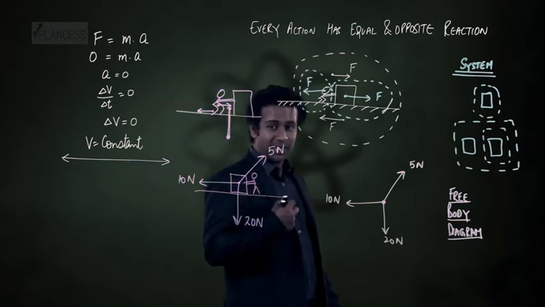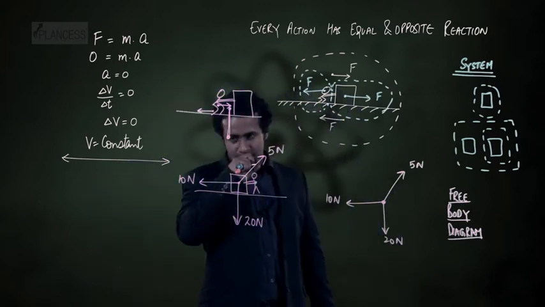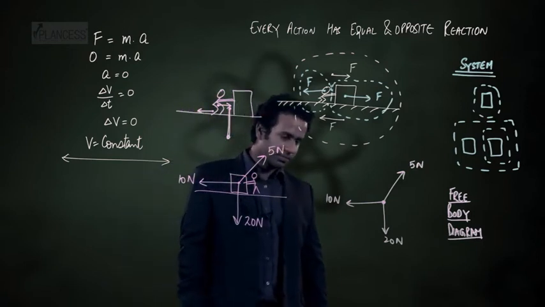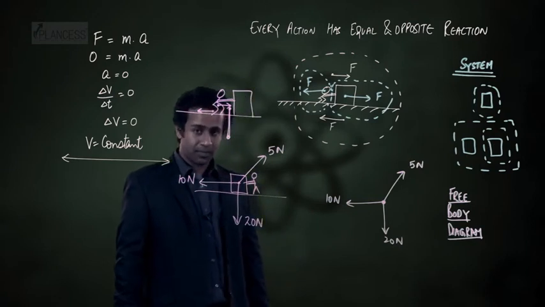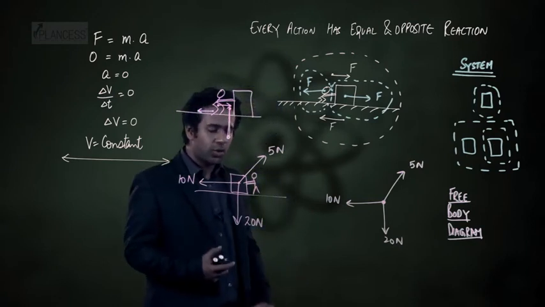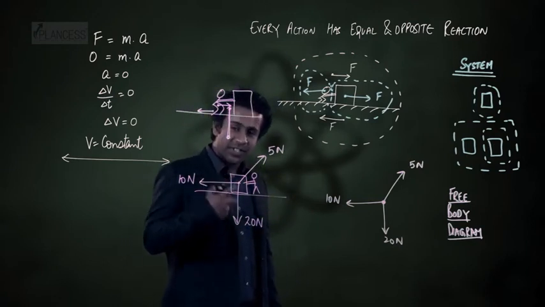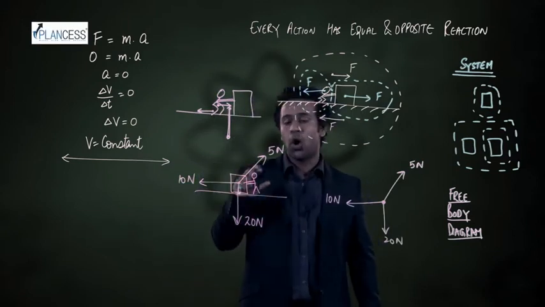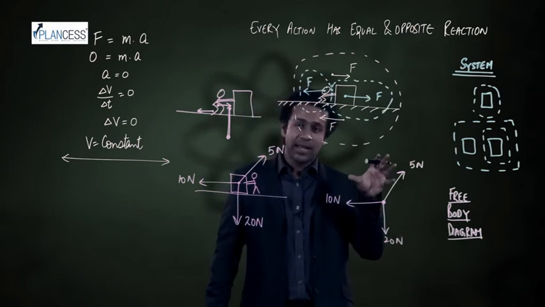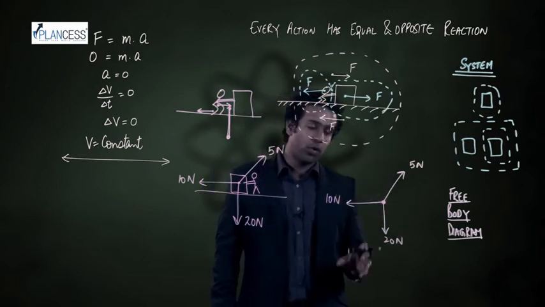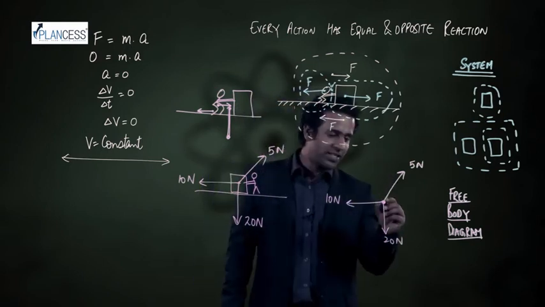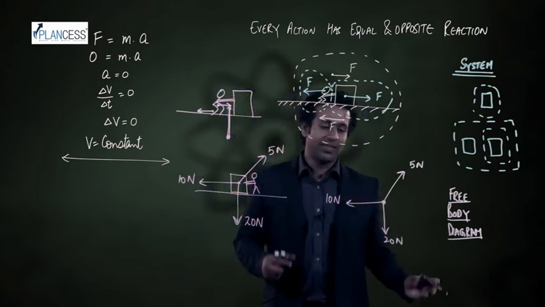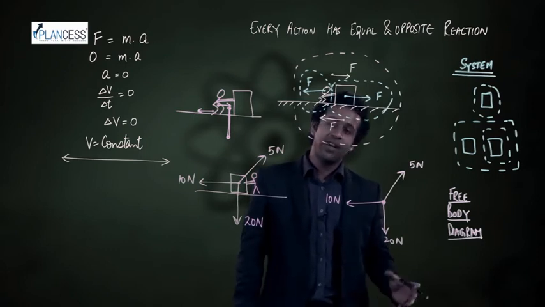So we will not show any of the surfaces or objects around which are applying those forces, but we will show all the interactions through an arrow which represents the force and apply them all on a single point. So this point represents this block, and this representation is called free body diagram.